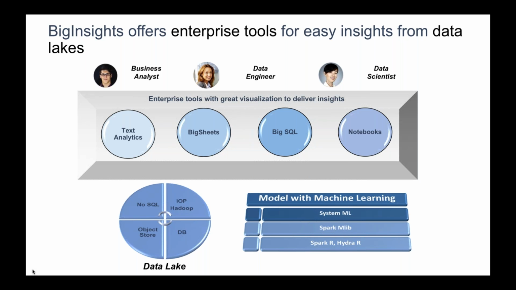So along with Spark R and Hydra R, customers will be able to get the equivalent capabilities that they get today from Big R. We are encouraging customers to move towards Spark R. While they still have an option to use Big R, we will be turning our focus towards Spark R. I do have a slide about that later on. But anyways, thanks for bringing that up.